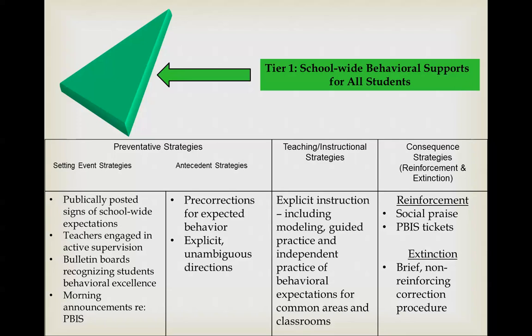So what does being respectful, safe, and prepared look like in the cafeteria, in the hallway, in the bathroom, getting off the bus? In any of the common areas. And of course we do that, that's explicit instruction that relies heavily on teacher modeling of examples and non-examples, giving the students lots of guided practice and independent practice.